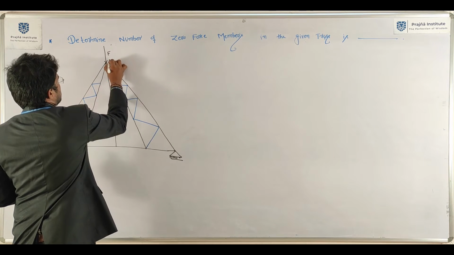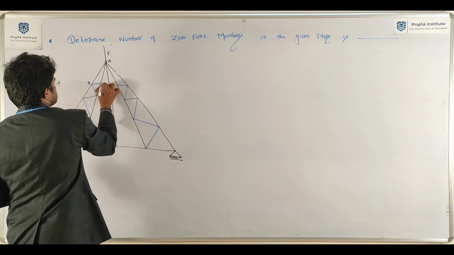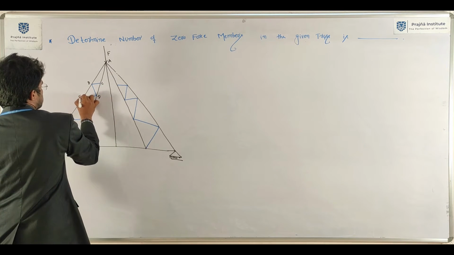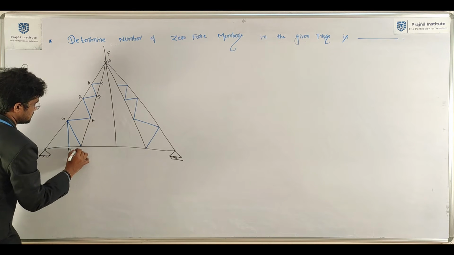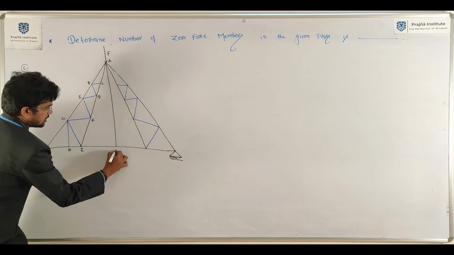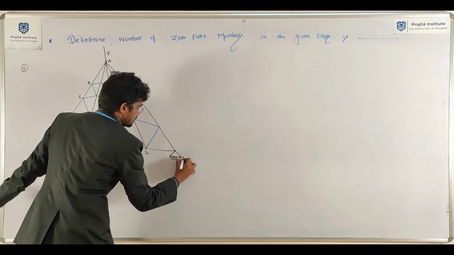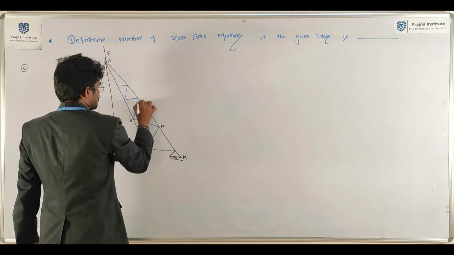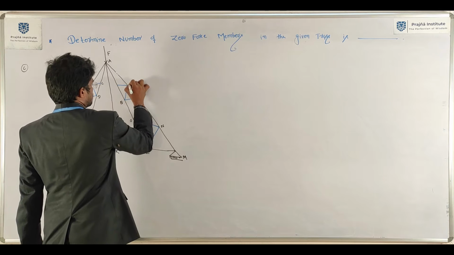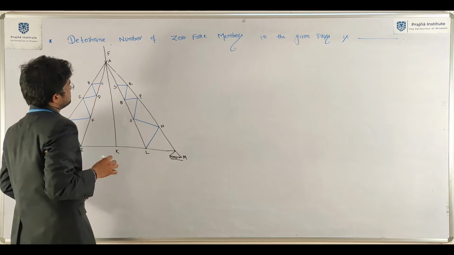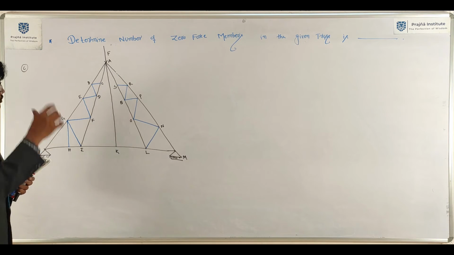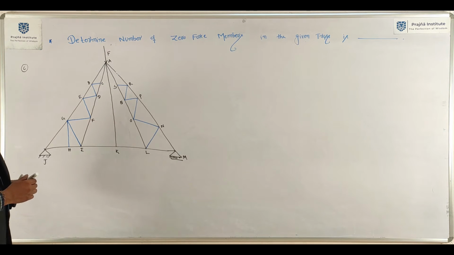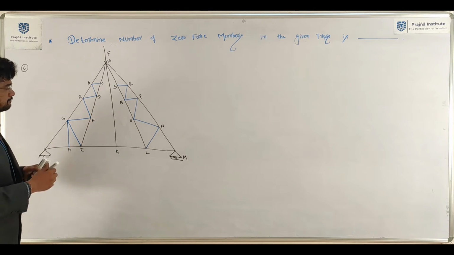Label the joints A, B, C, D, E, F, G, H, I, J, K, L, M, N, O, P, Q, R, S. Okay, now how to determine the number of zero force members in the given truss?